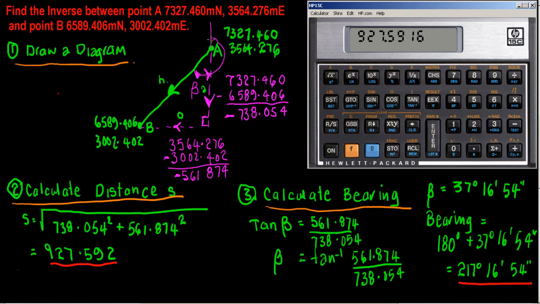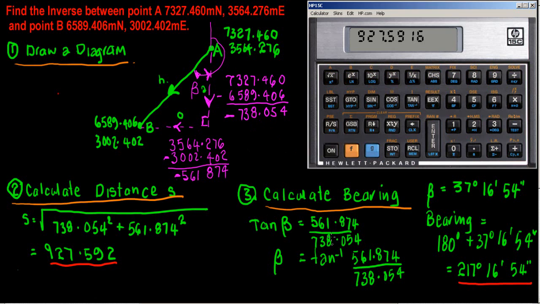So the next thing to do is to calculate the bearing. We've got the distance, and we can see that the bearing comes from north all the way round to there, but we can see that 180 degrees of that, we can work that out ourselves. If we just work out angle beta here and add 180, that will give us the bearing from A to B. So the bearing from A to B, of course, we use the tangent, opposite over the adjacent.